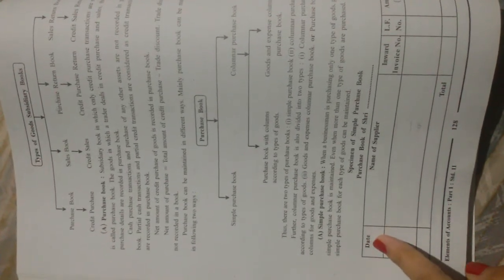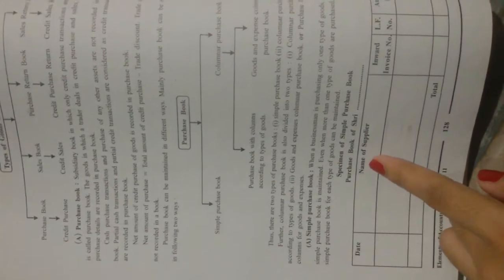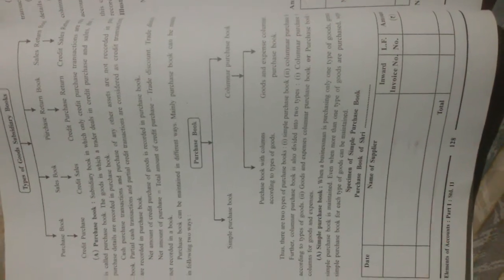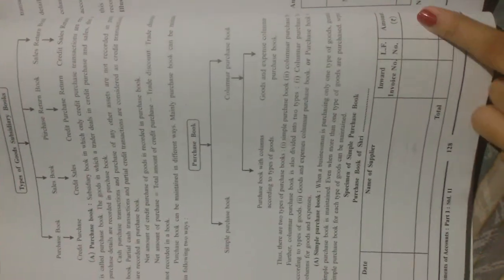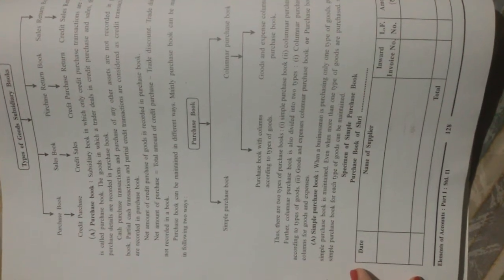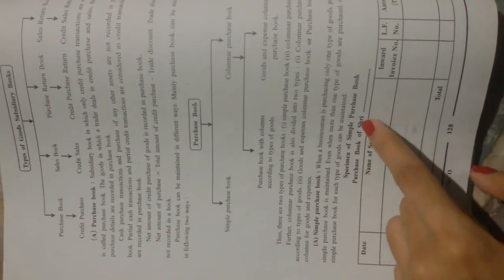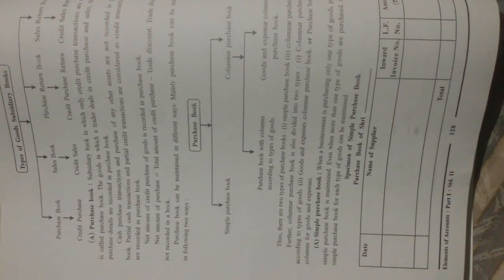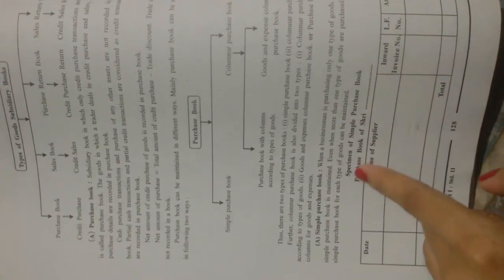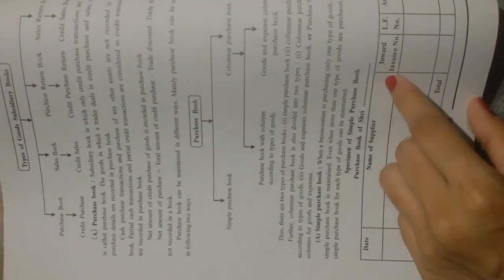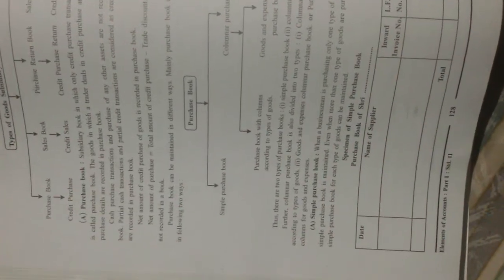First column is date, second is name of supplier, third is inward invoice number, fourth is LF number and fifth is amount. Above the table you have to write the purchase book of Shri, and afterwards whatever name is given in the question. Purchase book of Shri dash dash dash. So this is the specimen of simple purchase book.